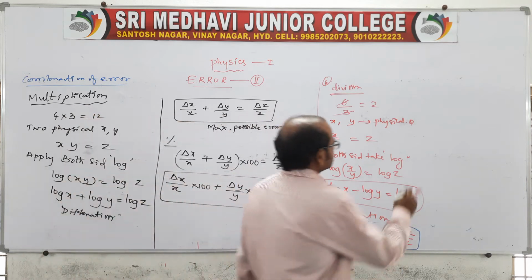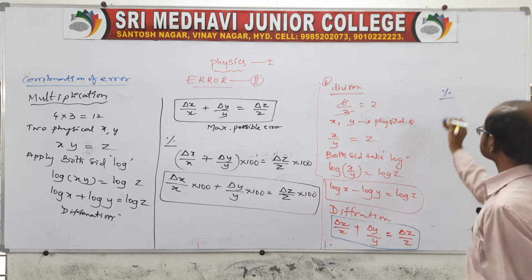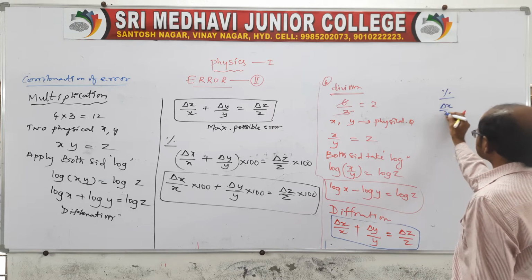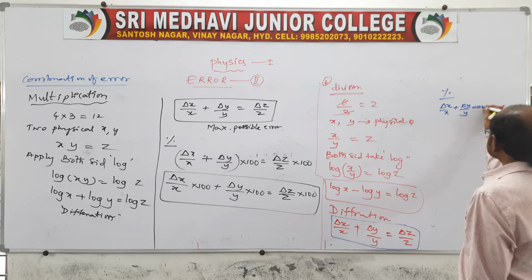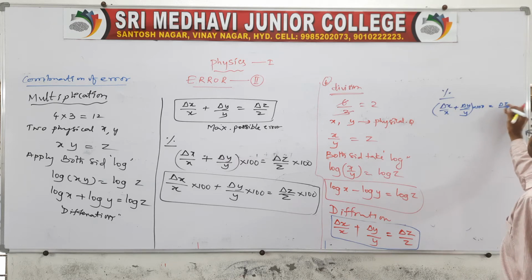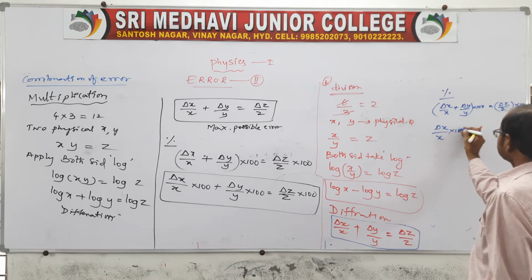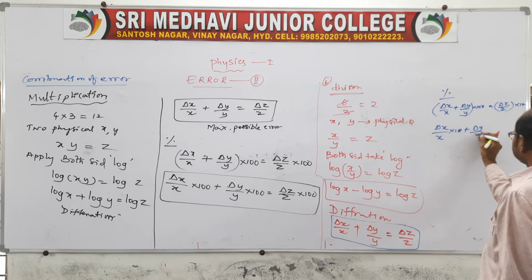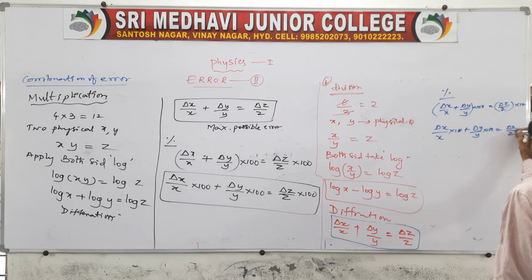Now you go for the percentage error. The percentage error is nothing but this maximum possible error multiplied by 100. So we multiply: delta x by x into 100 plus delta y by y into 100 is equal to delta z by z into 100.